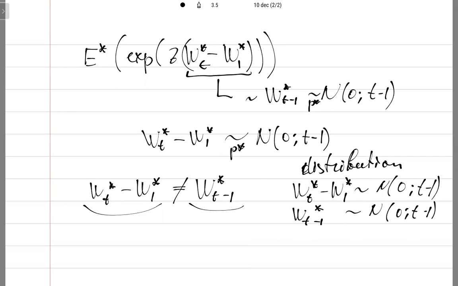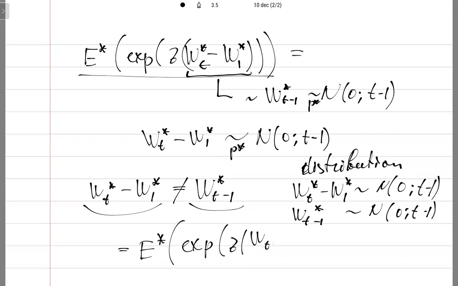But when you calculate expected values, you don't care about random variables, you care more about distributions. So we can just do it like the expectation of the exponent of sigma W t minus 1. Okay?